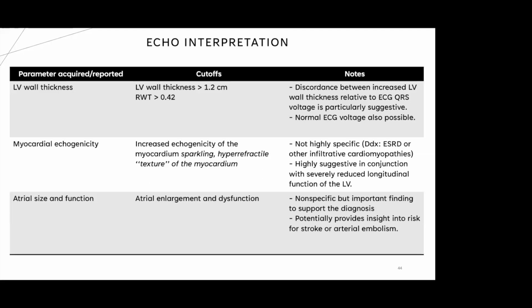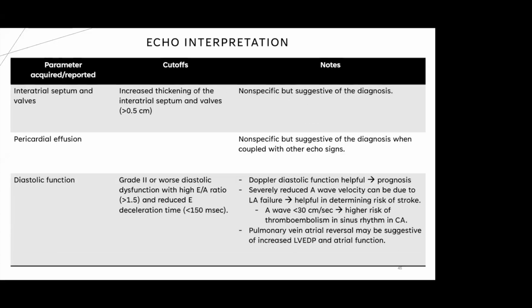Another non-specific finding, but taken together with the other findings it can be helpful, and it can also give us insight into the risk for stroke or arterial embolism. We also saw our patient had some interatrial septum thickening and thickening of the valves as well. So another non-specific but suggestive finding.